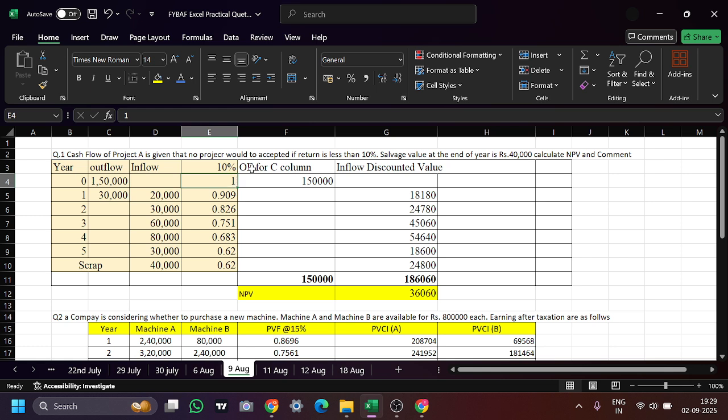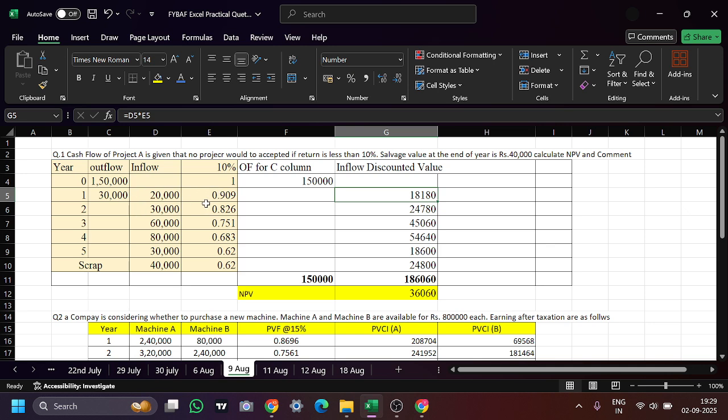Done. So outflow of the C column we have done over here, taken over here 1,50,000. Inflows at discounted rate. Now to calculate the inflows at discounted rate, we need to multiply with what? D5. D5 is this, the inflow into discounted rates.